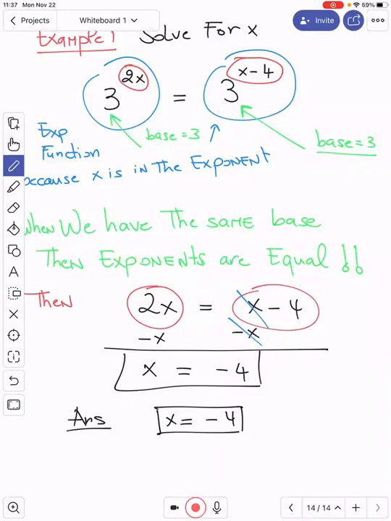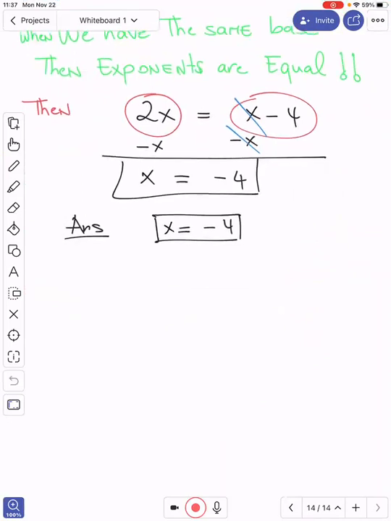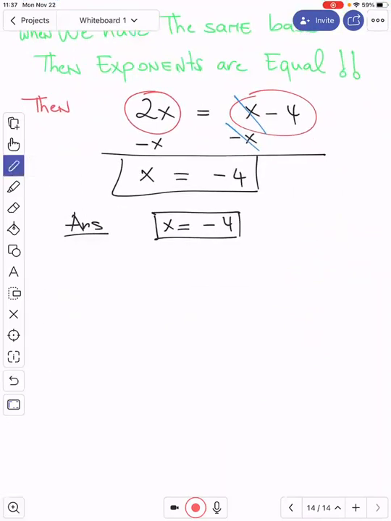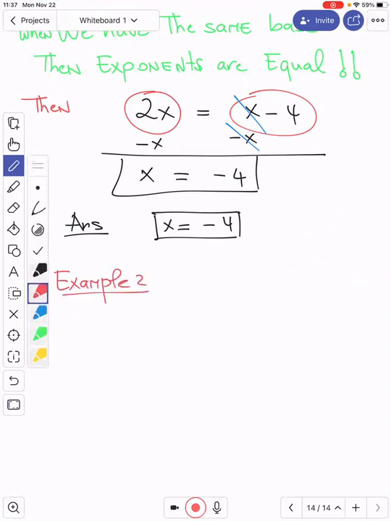Of course, as an exponent, you can have some powers of x. So this is example 1, now example 2. Let's say you have some power of x. So let's say you have 3 to the power x squared, right?